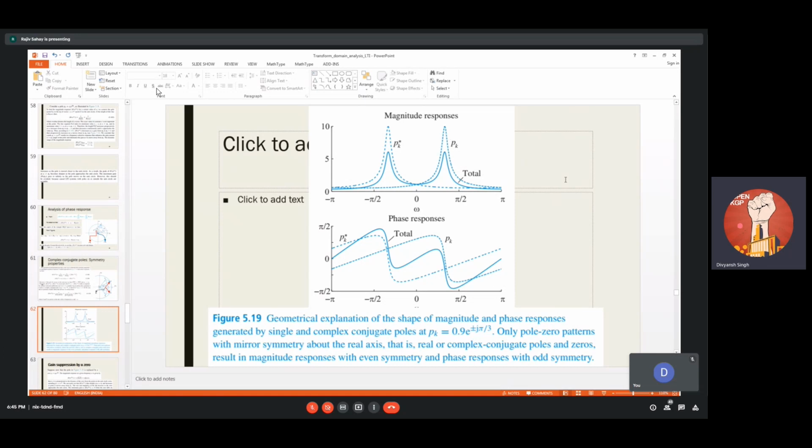So does it remind you of some filter that you have studied in analog circuit theory? UG students, does it remind you of any filter? Band stop. Which one? What about your RLC filter?